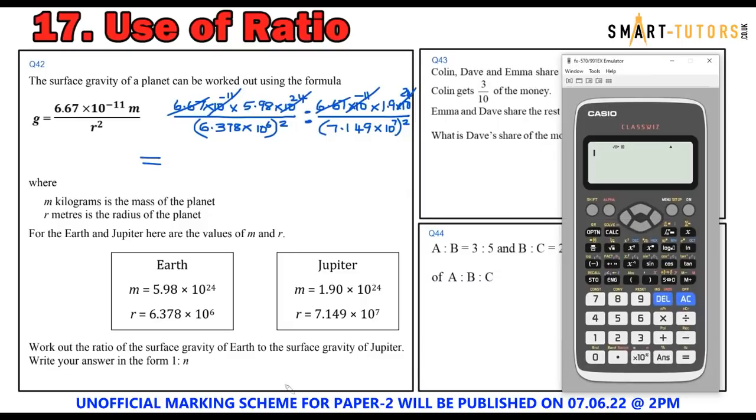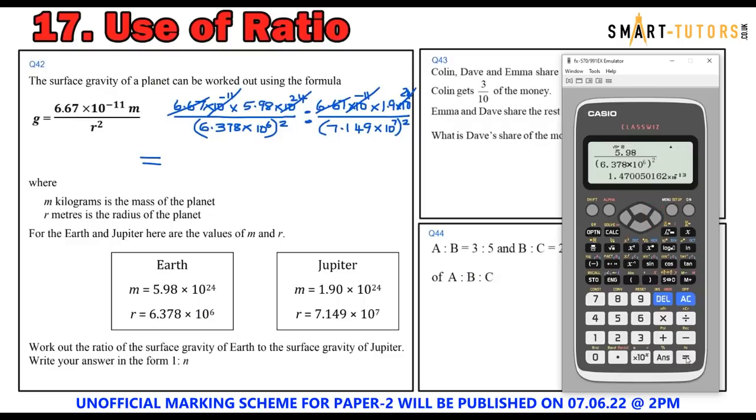So you can take the calculator, right? So this is going to be a fraction: 5.98, and use the arrow key, bracket start, 6.378 times 10 to the power 6, then use the arrow key, close the brackets, squared.